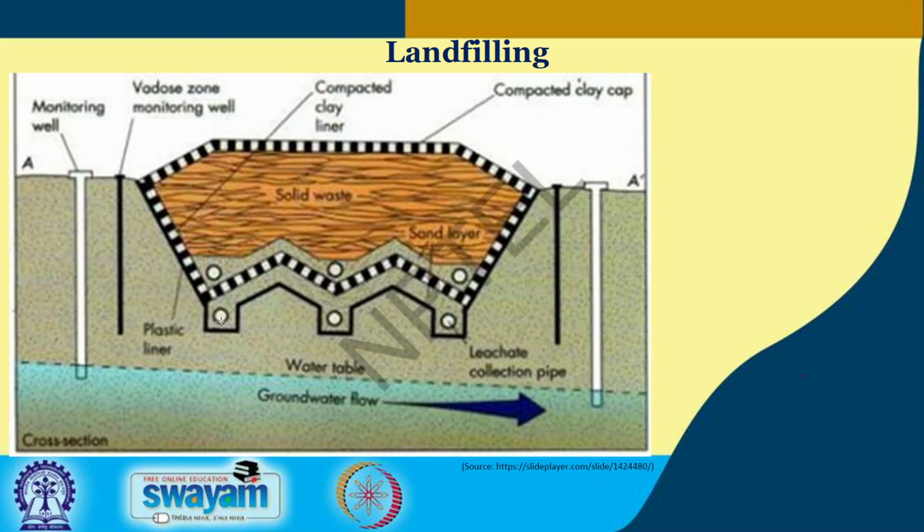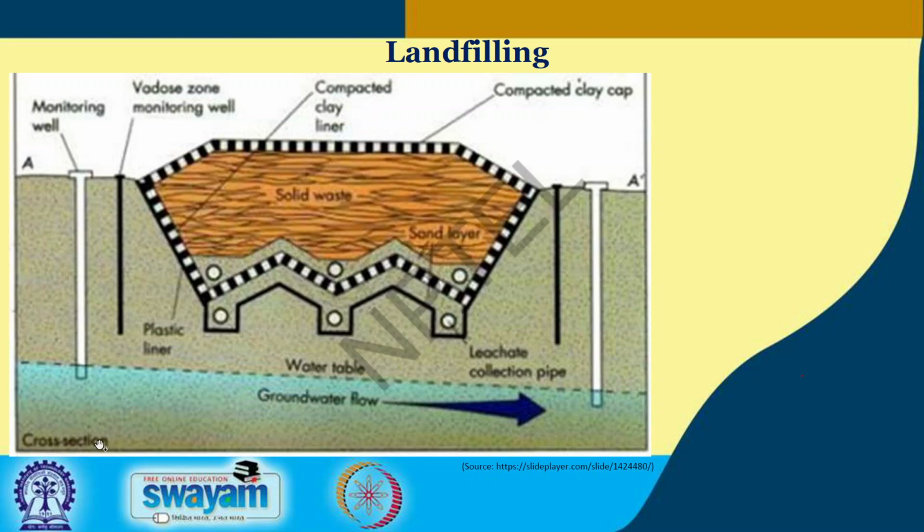And whatever leachate is collected through this pipe can be transported to the leachate treatment plant that is constructed near the landfills. And whatever gas is produced, because this is an anaerobic condition, a closed environment, will have methane. So we have to have a gas collection system that can be used to recover energy out of it.